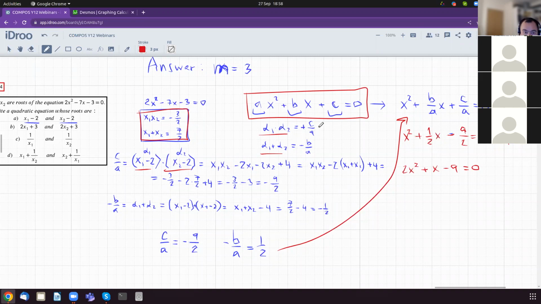We substitute that into this equation, and we get the final equation. Sorry, minus B over A is minus a half. I've made a typo. And so that means B over A is a half.